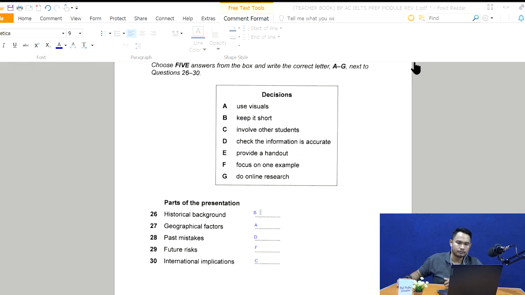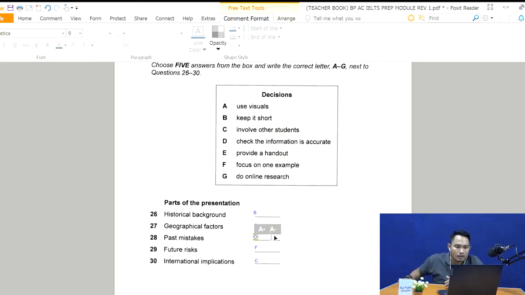Okay, so for the past mistake here, I checked whether my information was correct or not. They mention a case study of the problems there were in New Orleans. So in there, they mention one particular example. In this case, my prediction of answer D is actually wrong.